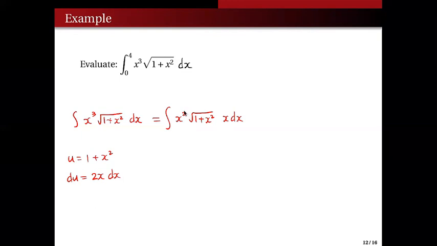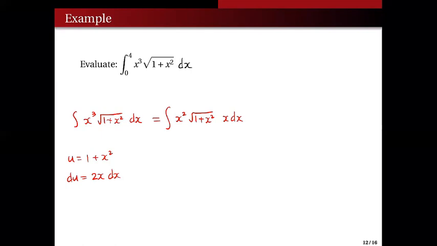Furthermore, if we look at this, we have u equals 1 plus x squared. So this 1 plus x squared, we will be able to change it to u. But we have this x squared here. We have to change this also in terms of u. And luckily, we can easily calculate this x squared from this.